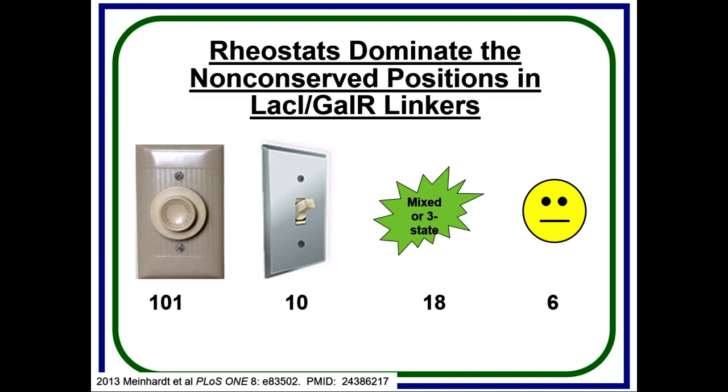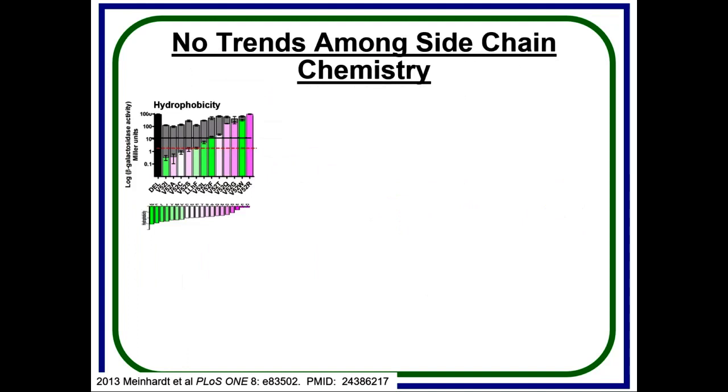The second surprise was when we looked at side chain chemistries. If we look at these in the rank order from best to worst and try to find out what drives these changes, if hydrophobicity were driving it, we should see a continuum of color from green to white to magenta.